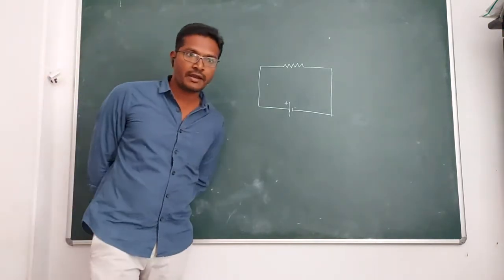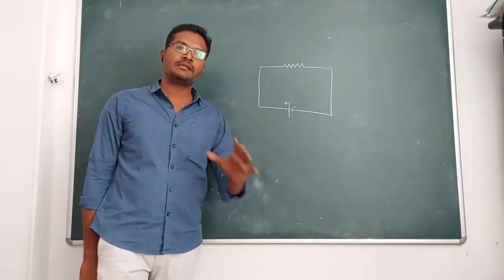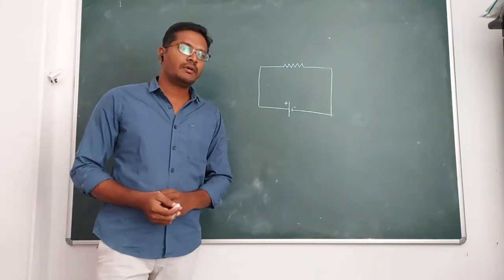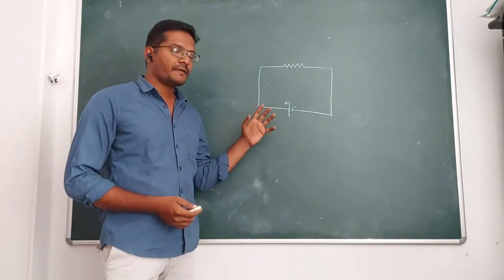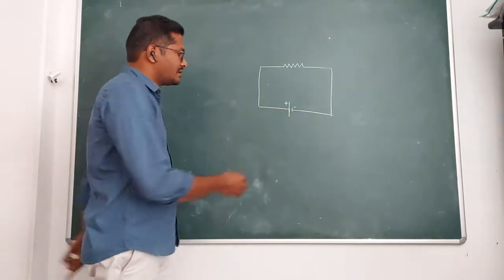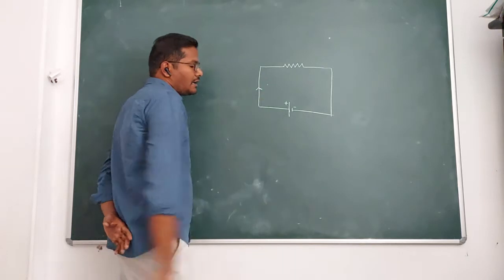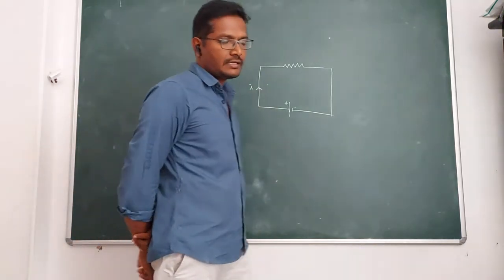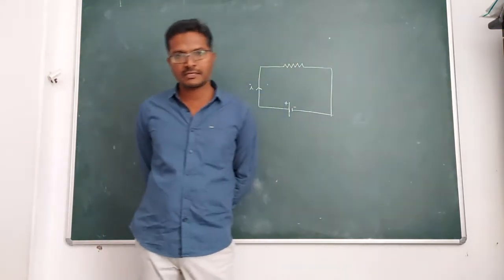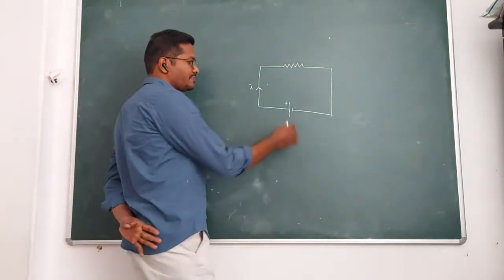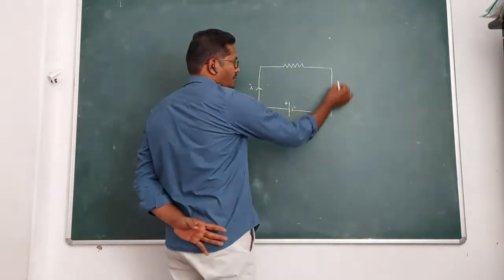The direction of current is nothing but the direction of the positive charges. Current always moves from higher potential to lower potential. This is the direction of the current, and in metallic conductors, the current is caused by electrons, which move opposite to the direction of flow of current. Then electrons move from lower potential to higher potential.